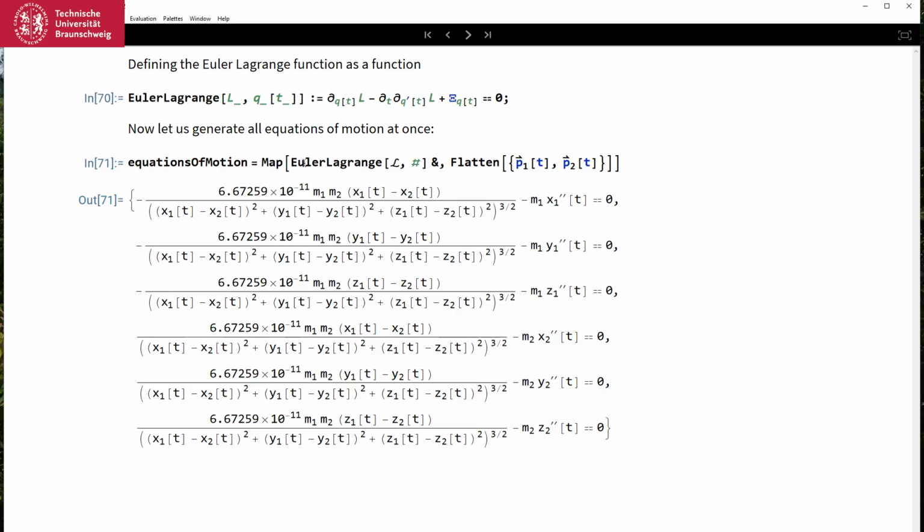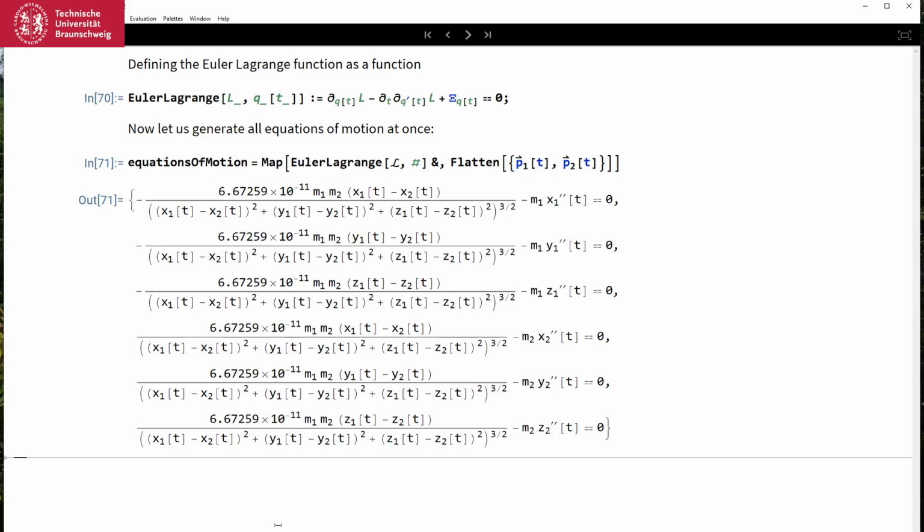So, fancy Mathematica, this is kind of functional programming, if you will. This ampersand here, I don't know why this is called end, is what they call a generic function.